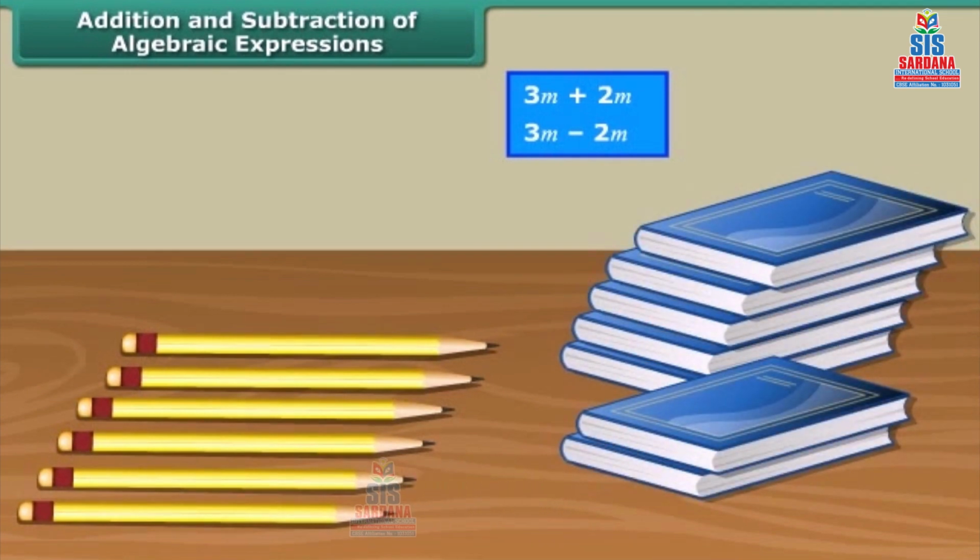Again, we can't combine these objects since they are different. However, if we remove 1 pencil from 6 pencils, then we are left with 5 pencils, but still we have the 7 books. So you can say it's quite similar with algebra. We can only add or subtract similar objects.